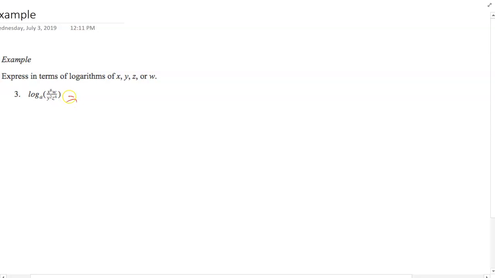We know right here that this is a quotient, so we're going to apply law 2 first. Law 2 is a quotient law, so this becomes log base a of x to the 8th times w, subtract log base a of z squared times y squared times z to the fourth power.